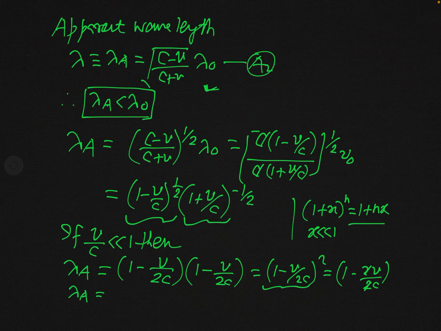So what will be the value of lambda A in this condition? So lambda A will be equal to 1 minus v by c into lambda naught, because we are dealing with the formula for wavelength.